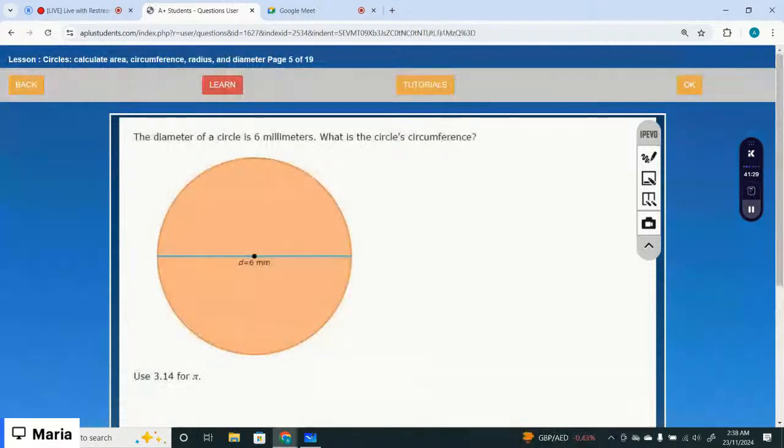The next one is, the diameter of the circle is D equals 6 meters.